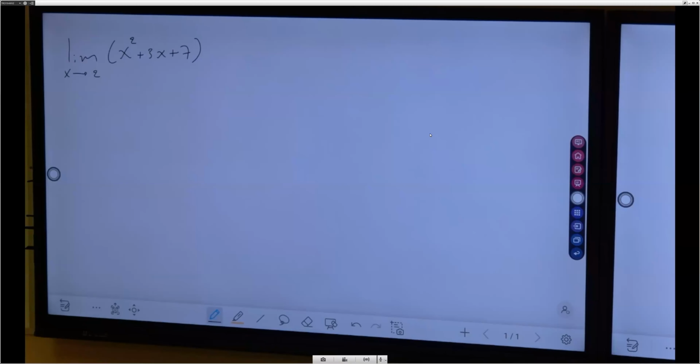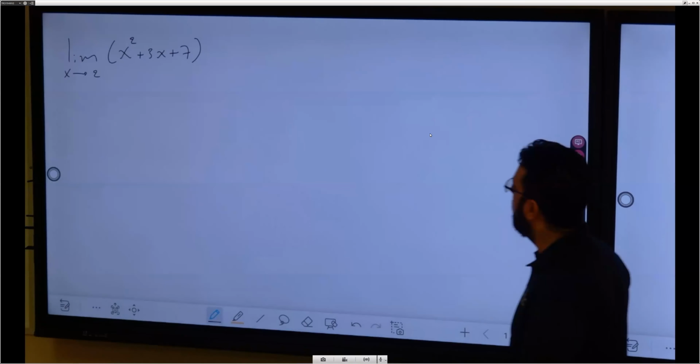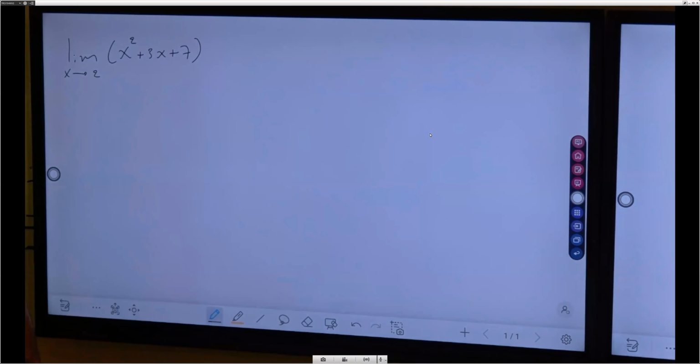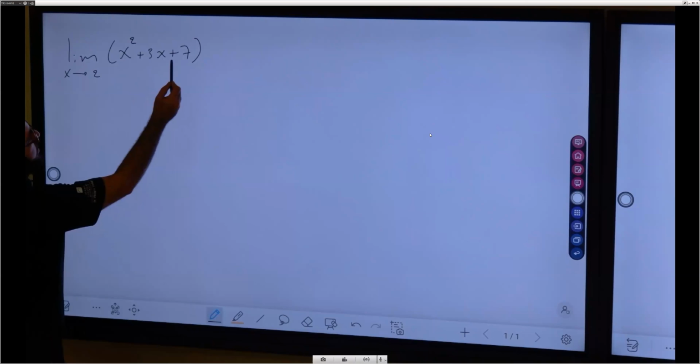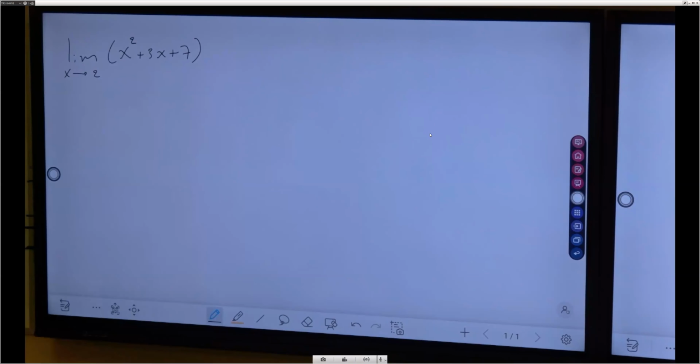And check some notes. Find the limit when x approaches to the 2 to x squared plus 3x plus 7. To find the limit, it's a polynomial.